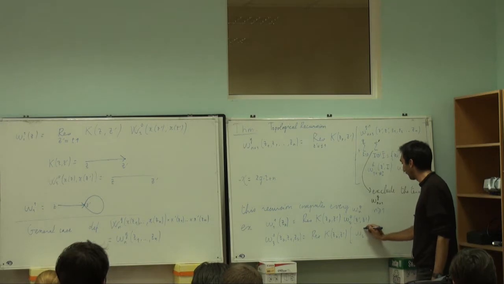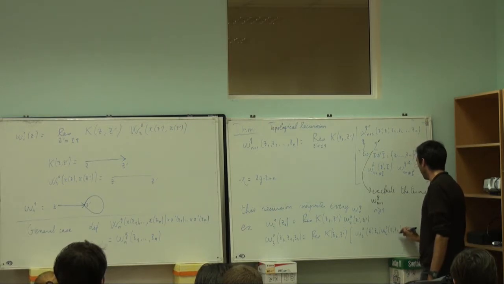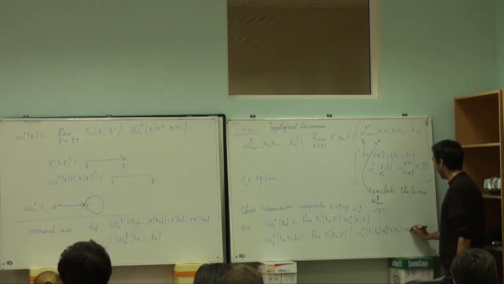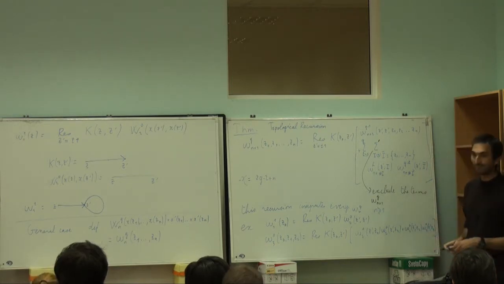There is omega 2,0 of z prime, z1, omega 2,0 of z prime, z2, plus omega 2,0 of z prime, z2, omega 2,0 of z prime, z1, which is in fact the same term, so I could have put a factor of 2.